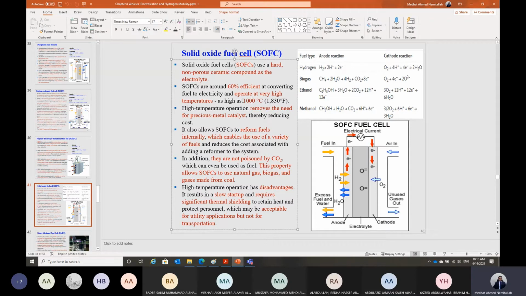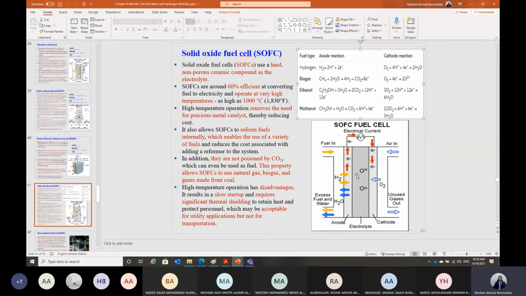But here, as the operating temperature of the fuel cell is very high, that means we can combine both processes, fuel reforming, the reaction of the fuel like methane with water to produce hydrogen. This is the reforming reaction. It can take place on board in the same fuel cell. We don't need to have the reforming process separated to produce hydrogen.